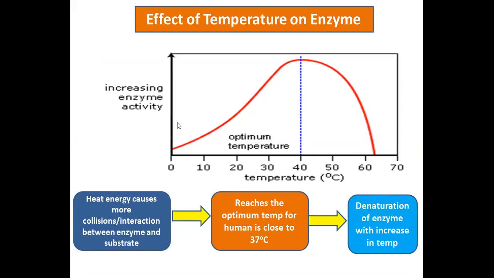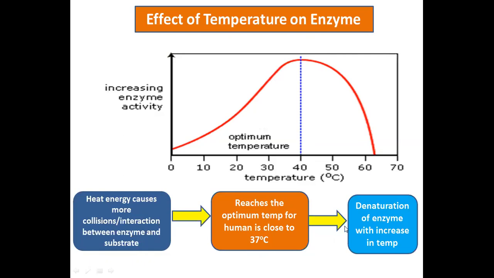If temperature increases, the enzymatic activity increases up to an optimum level. Heat energy causes more collision and interaction between the enzyme and the substrate, reaching an optimum temperature, which is close to the human physiological temperature, that is 37 degrees centigrade.